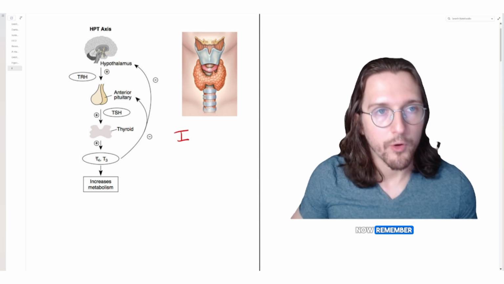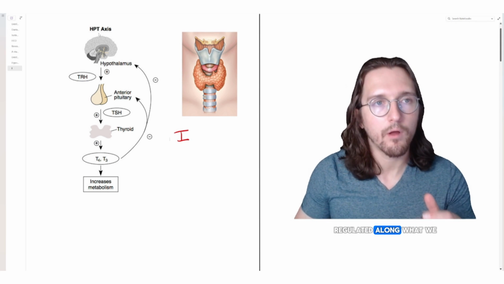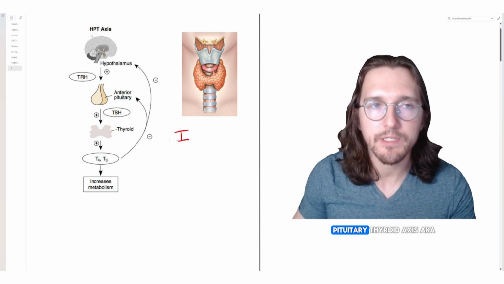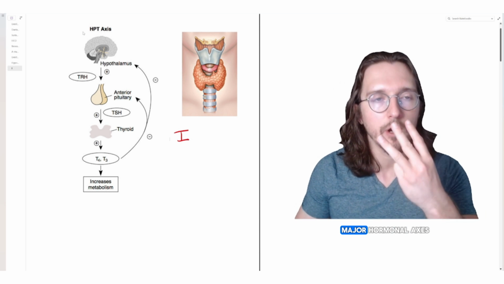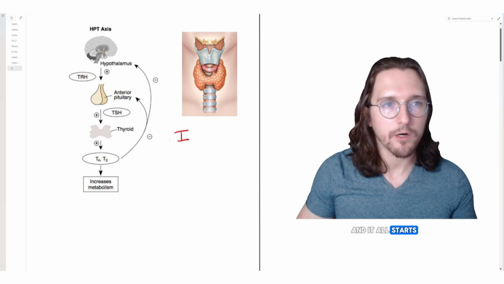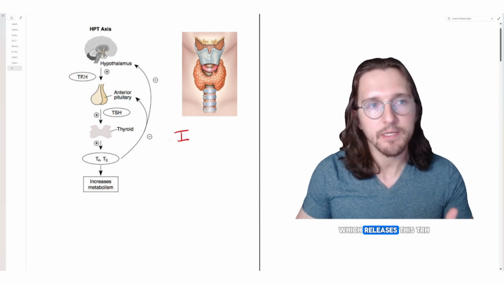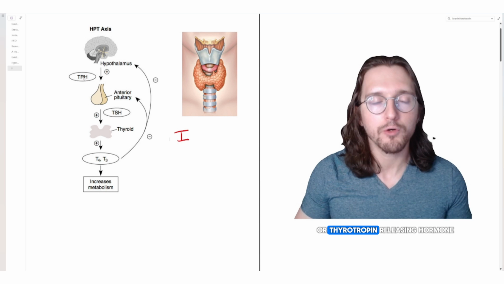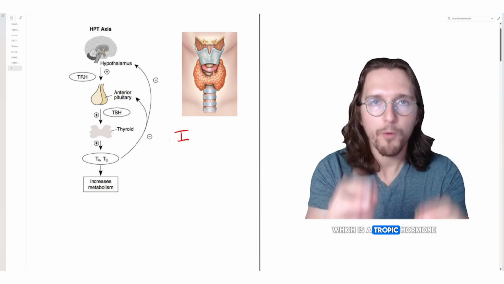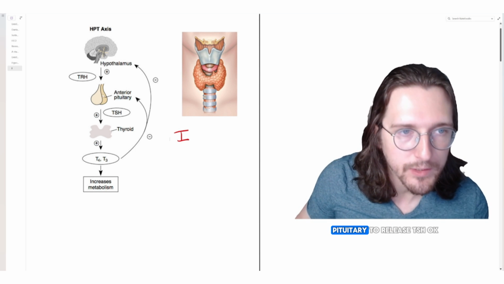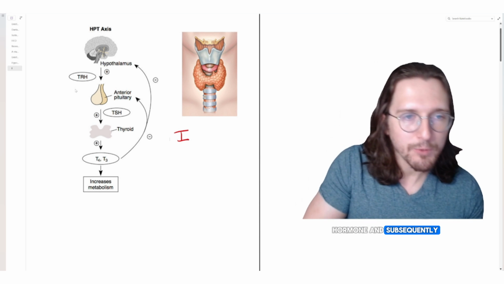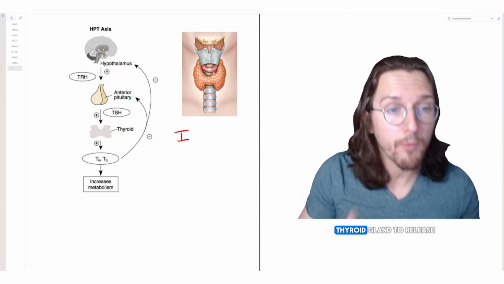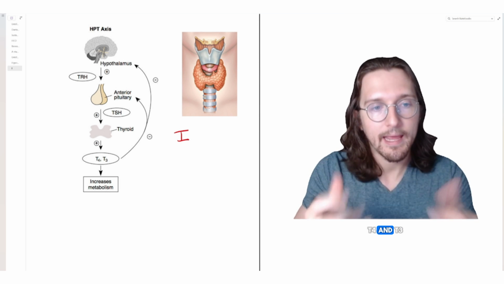Now, remember that this hormone is regulated along what we call the hypothalamic-pituitary-thyroid axis, aka the HPT axis, one of the 3 major hormonal axes. And it all starts at the top with the hypothalamus, which releases TRH, or thyrotropin releasing hormone, which is a tropic hormone that tells the anterior pituitary to release TSH, which is thyroid stimulating hormone. And subsequently, TSH will tell the thyroid gland to release T4 and T3.